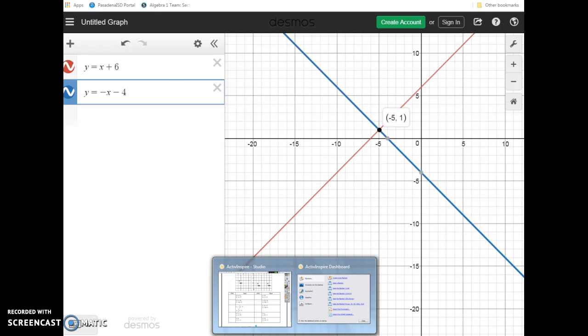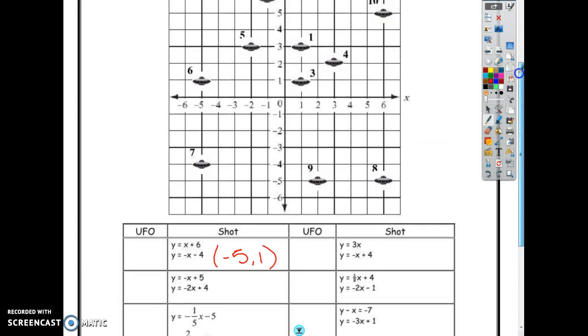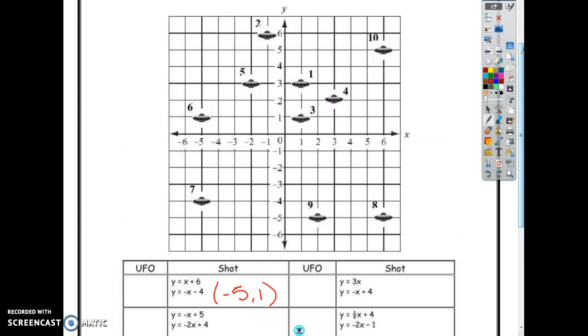Write that down, and then find which UFO is at the intersection. Negative 5 and 1 is right here. So they cross at 6. For your UFO, it's going to be number 6. Everybody understand? All right. Let's go.